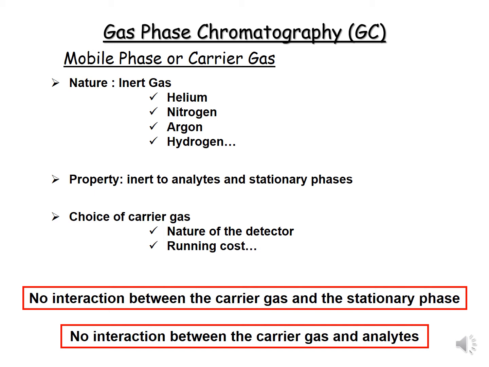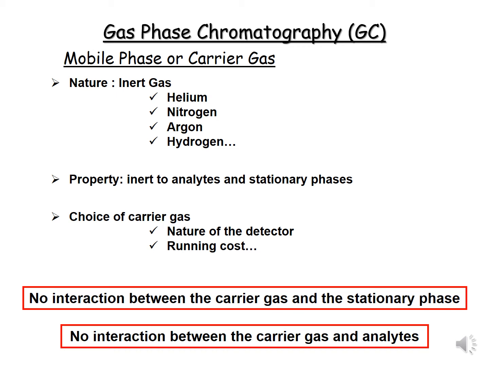This is a major property, because it needs to be inert to analytes and stationary phases. There is no chemical interaction between the carrier gas and the analytes or the stationary phase. The carrier gas is only here to push the sample through the stationary phase.